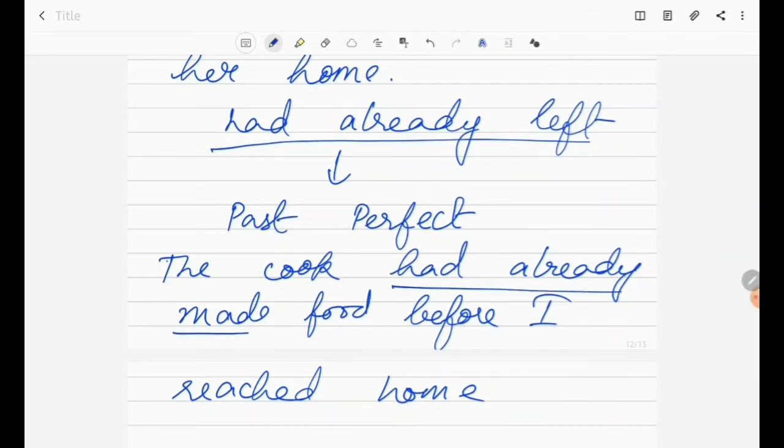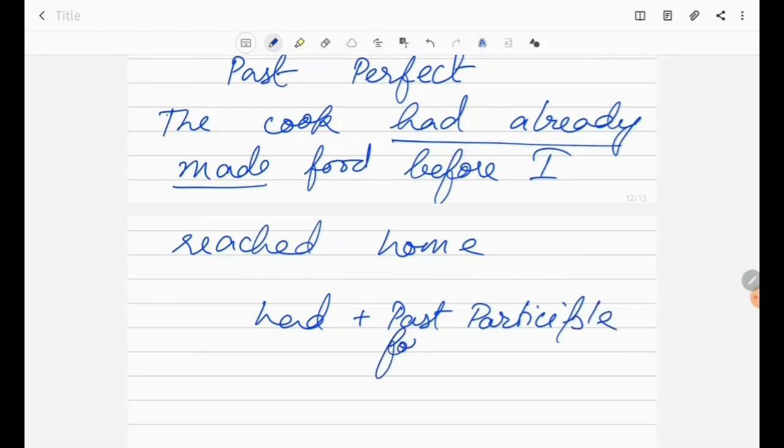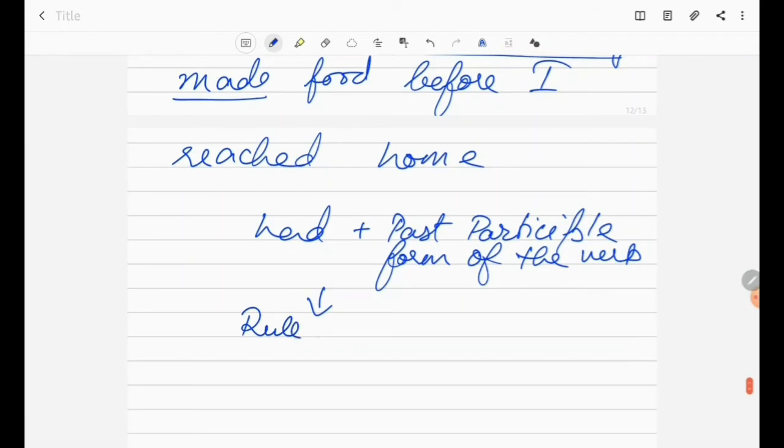Had already made. So what is the rule of the past perfect? Had plus past participle form of the verb. This is the rule of the past perfect.